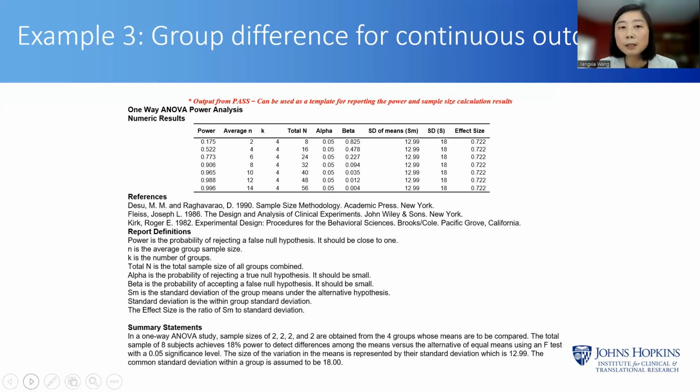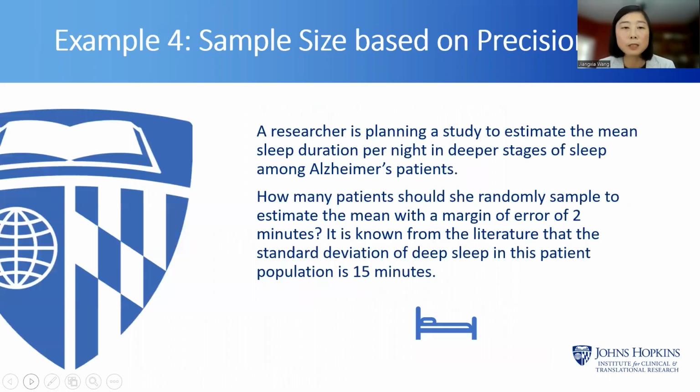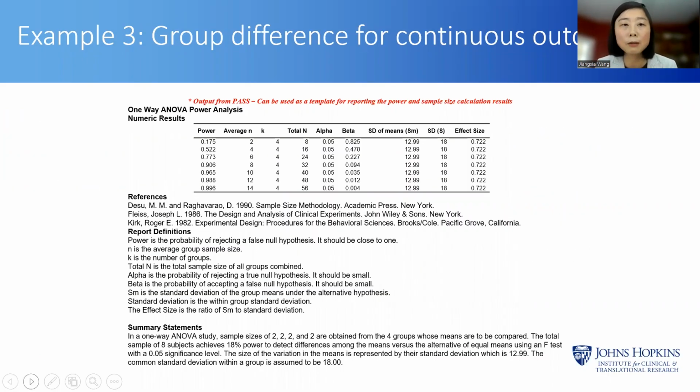But I'm presenting the output here because I think it's a really nice report of all the important information you used in the sample size calculation, and it provides the definitions for each parameter, and also includes a summary statement. So if you have any future sample size calculation like this, you can definitely use this as a template for reporting your calculation results. The information is exactly the same as what you saw from GPower.